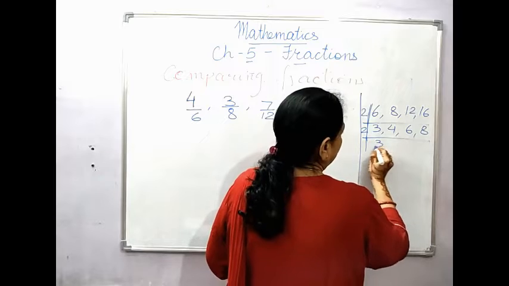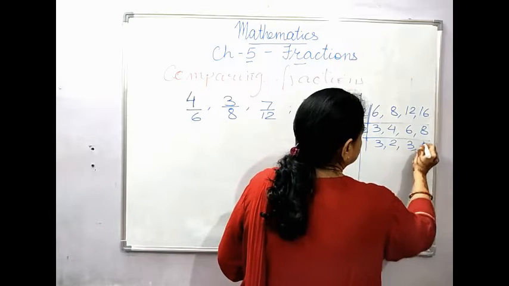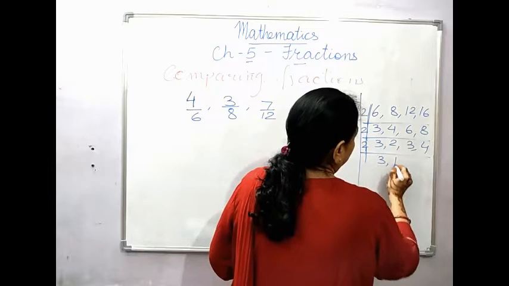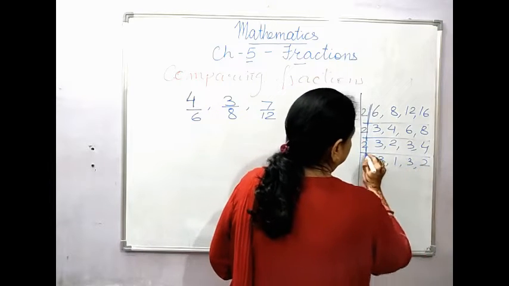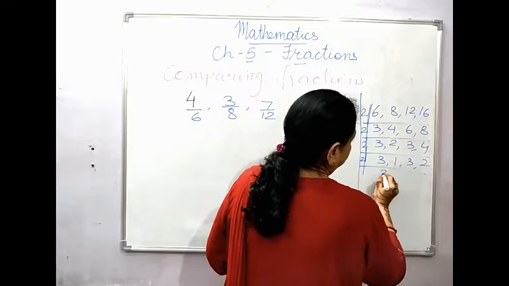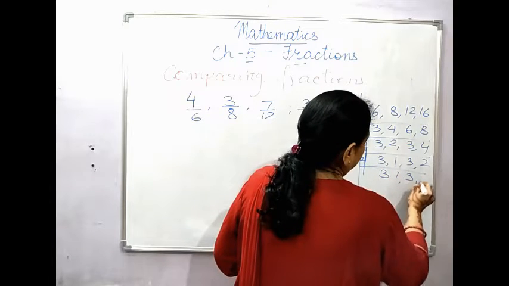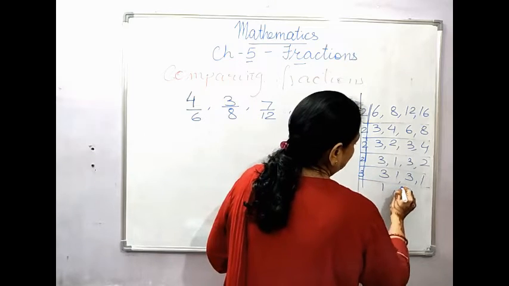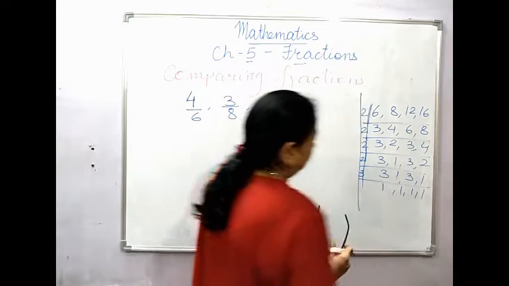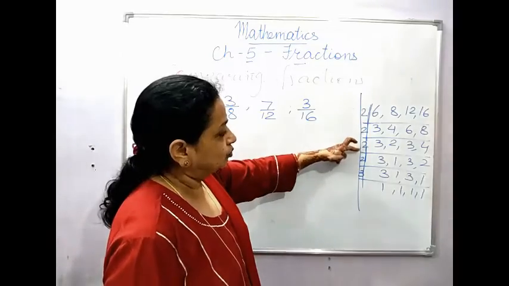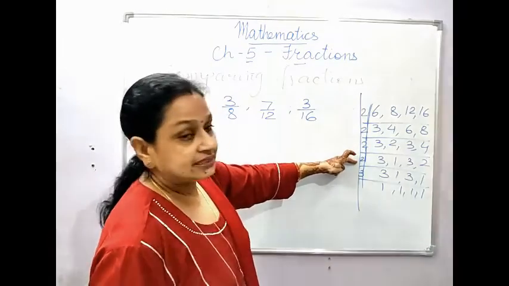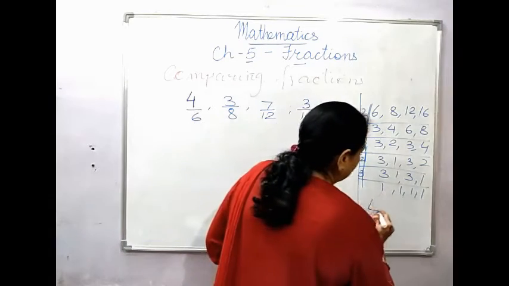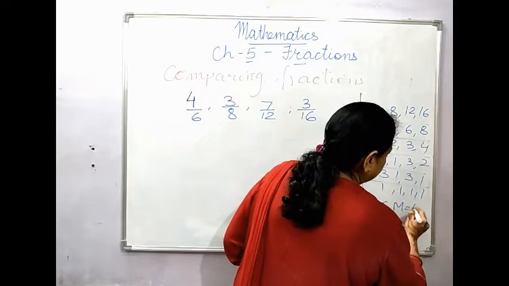Again, 2 2s are 4, 2 3s are 6, 2 4s are 8. Then 2 1s are 2. We first finish with 2. Then 3, because everything with 2 has been done. 2 2s are 4, 4 2s are 8, 8 2s are 16 and 16 3s are 48. That means your LCM is 48.